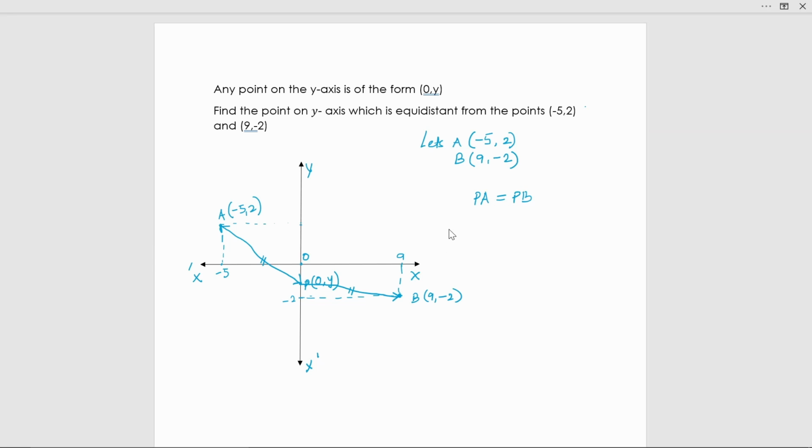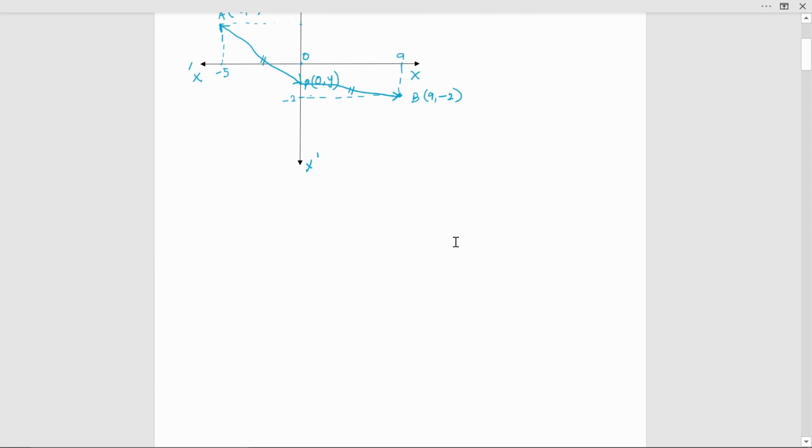We can break down the whole problem into two steps. Step 1 is we need to find PA and PB using the distance formula.